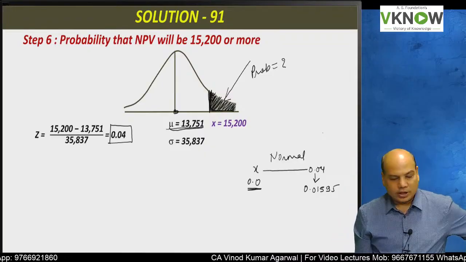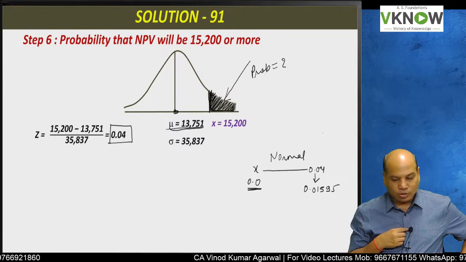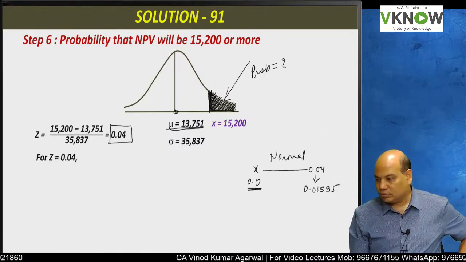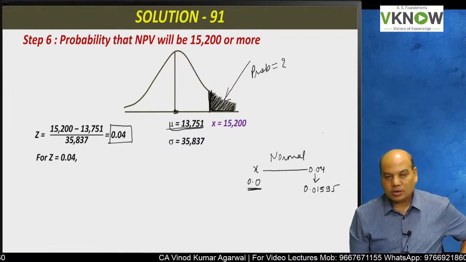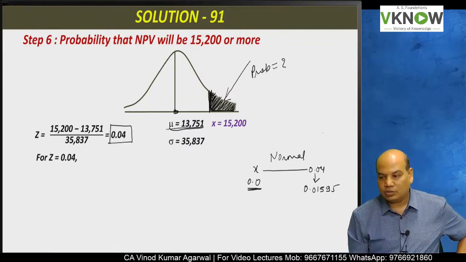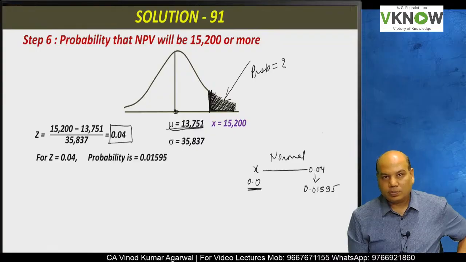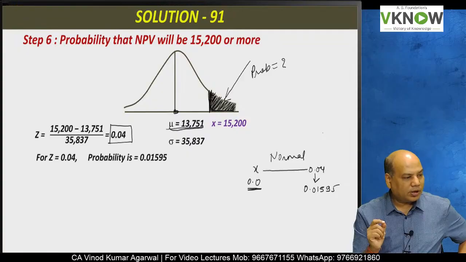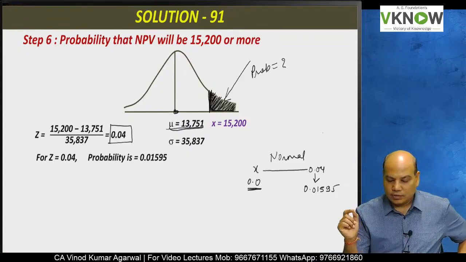Are you able to locate it? Yes. Then write, for Z is equal to 0.04, probability is 0.01595.